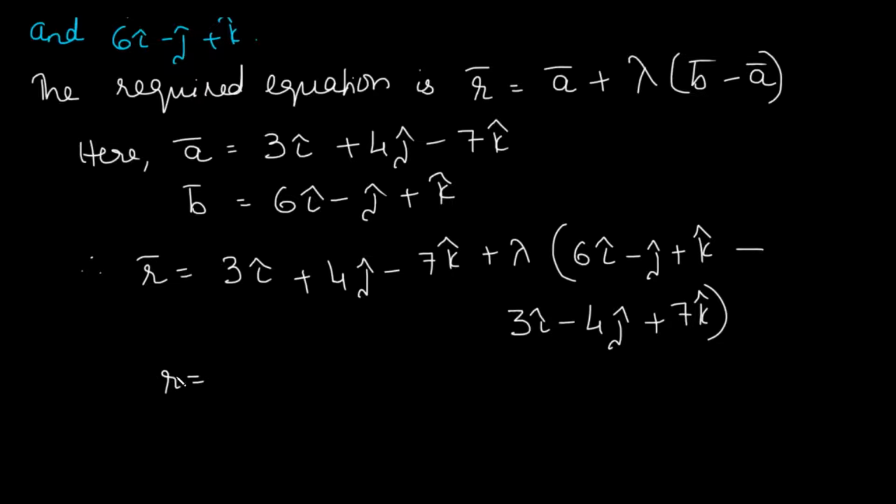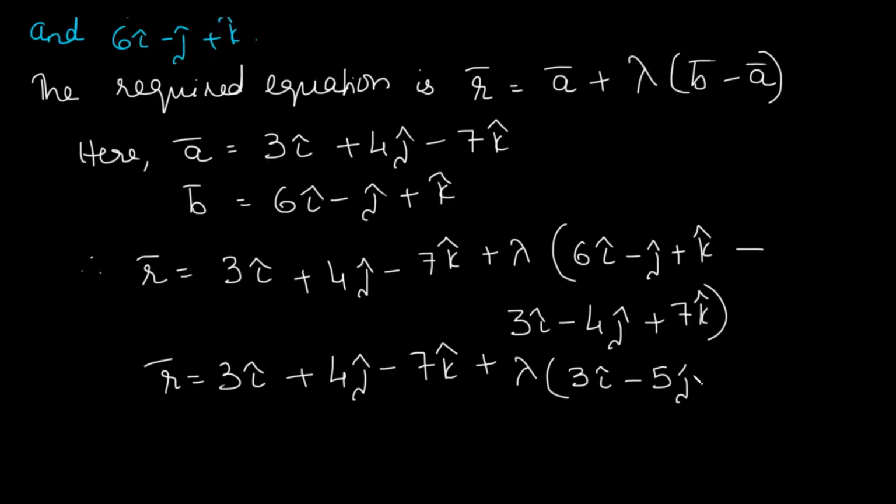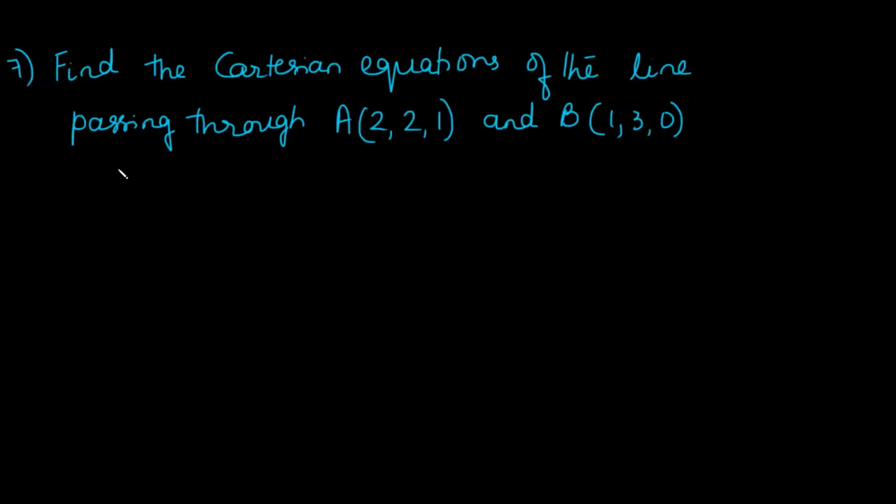So thus we get r is equal to, the first part remains the same, plus lambda into, now 6i minus 3i gives us 3i, minus j minus 4j gives us minus 5j, and k plus 7k gives us 8k. So this becomes the required equation of the line. So the first sum is quite easy to do.